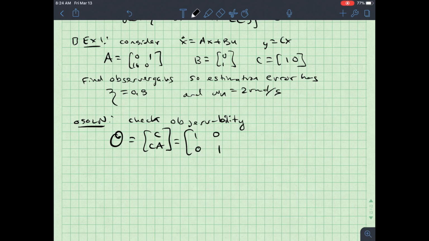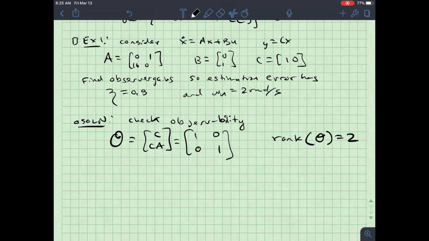All right, so the row times the first column, so 1 times 0 plus 0 times 16. I'm gesturing with my Apple Pencil as if you can see that on the screen. And then I've got 1 times 1 plus 0 times 0, and so that's what I've got. So I know right away that there are exactly 2 linearly independent rows and columns in here. So the rank of O is equal to 2.